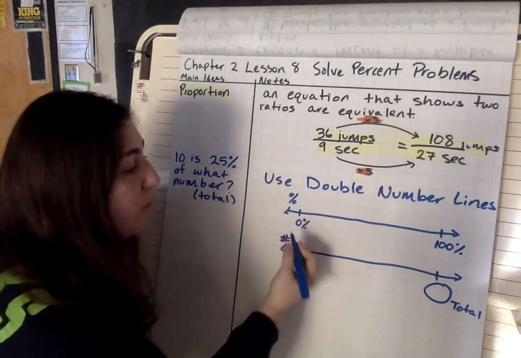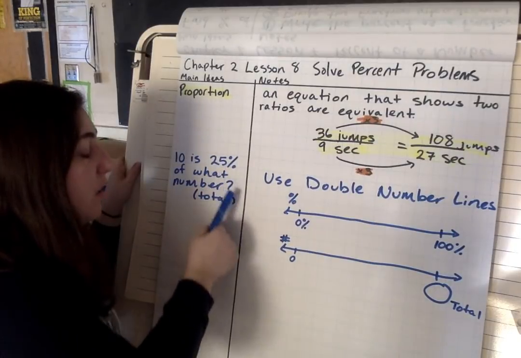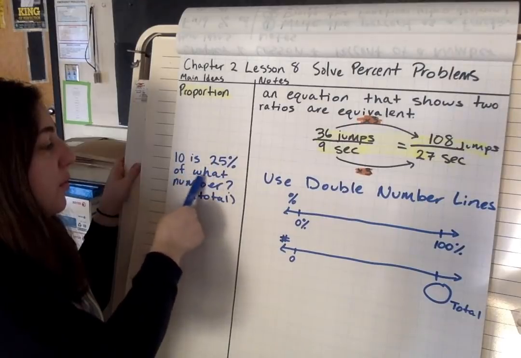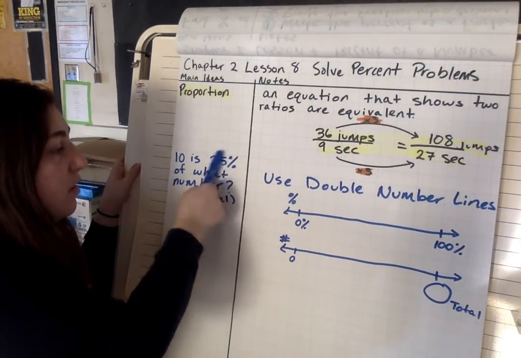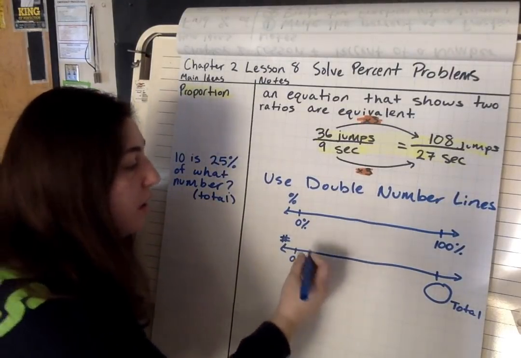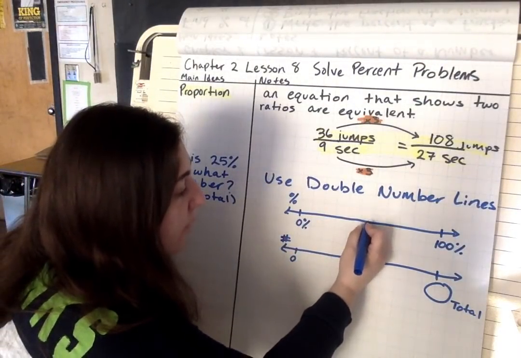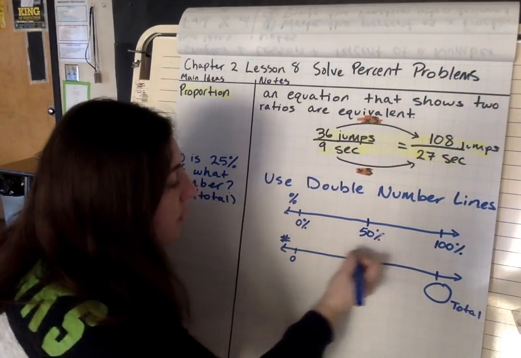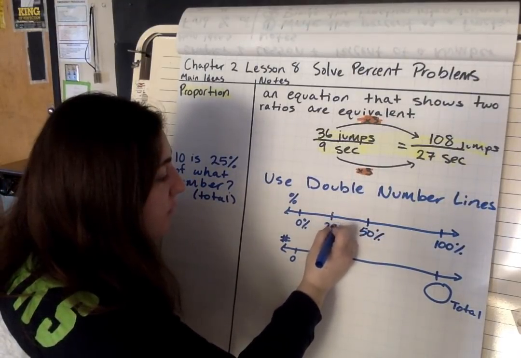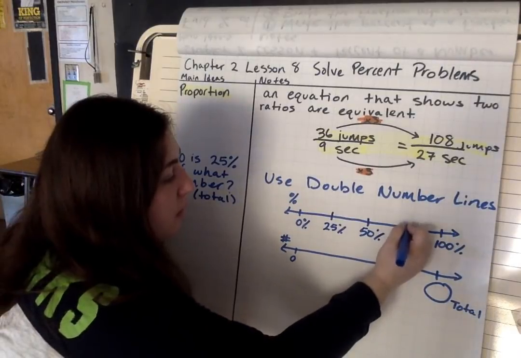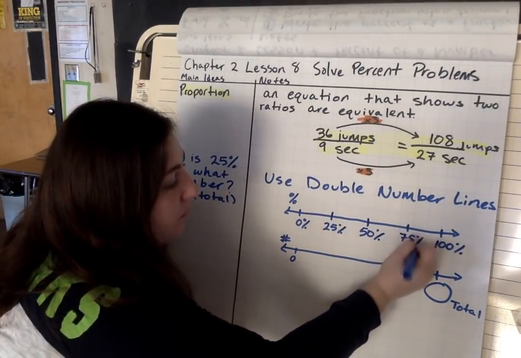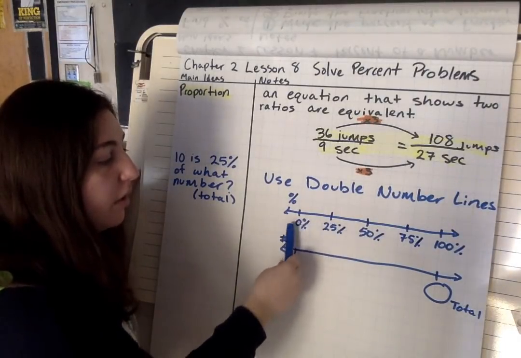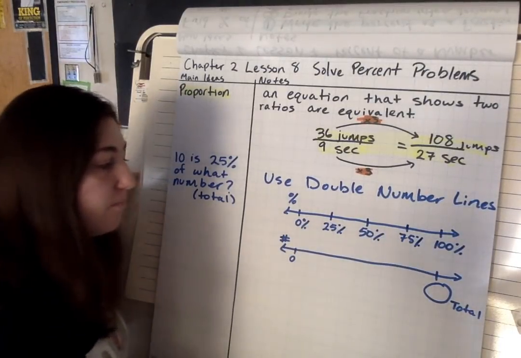So I'm just going to count by 25s because 25% is what I'm trying to find. 10 is 25% of what number? So this is something I want to see on here. So I'm just going to count by 25s. Right in the middle, I'm going to put 50%, 25%, 75%. Okay, it's just like when you have quarters, you're counting to $1, 25, 50, 75, $1.